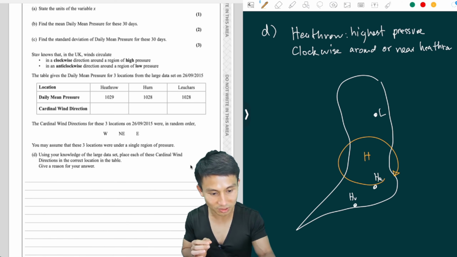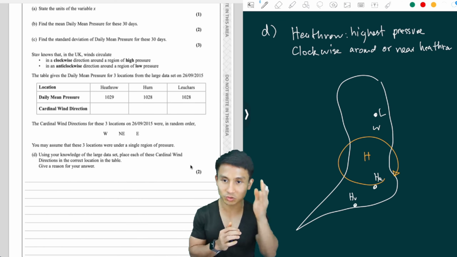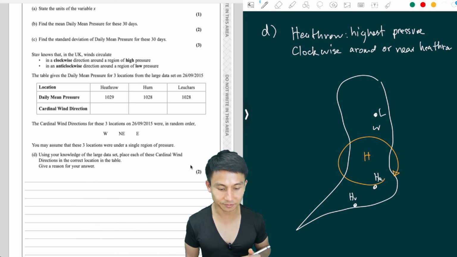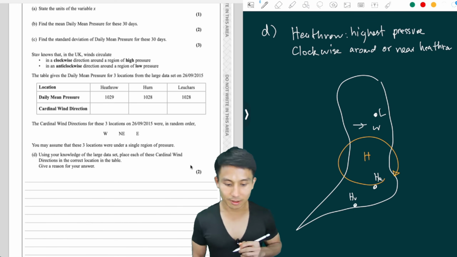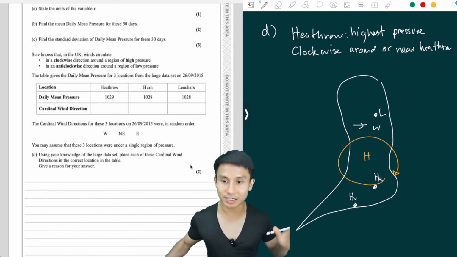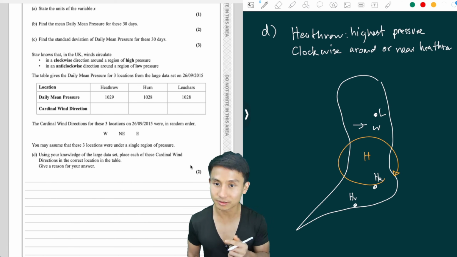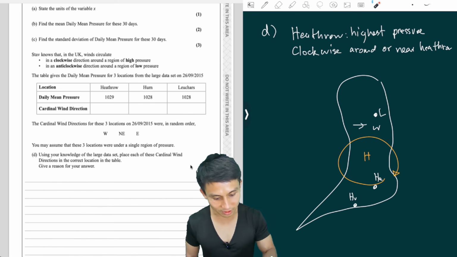West for Lucas. So in the table, you just put a W under Lucas. Now let's have a look at another city under the effect of Heathrow's high pressure, Herne.